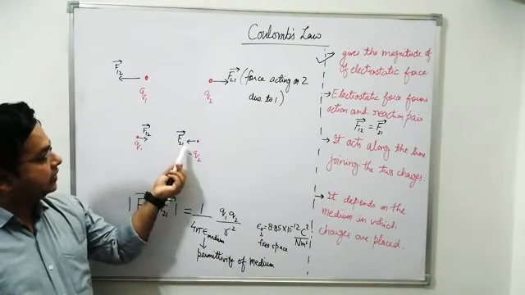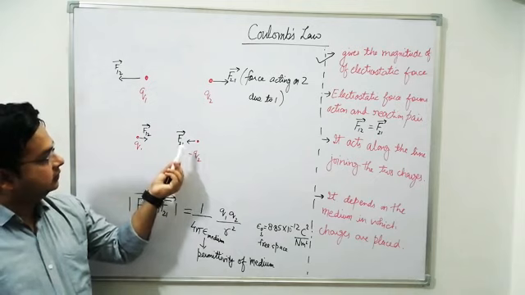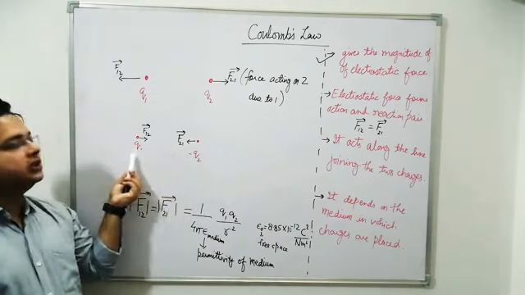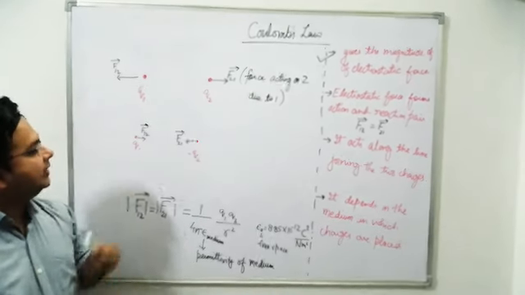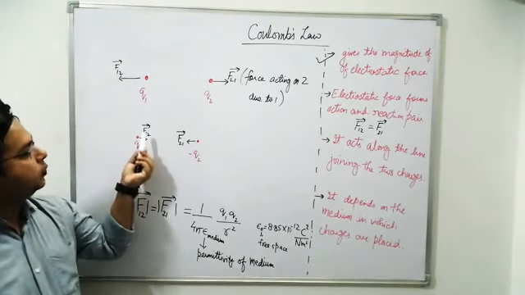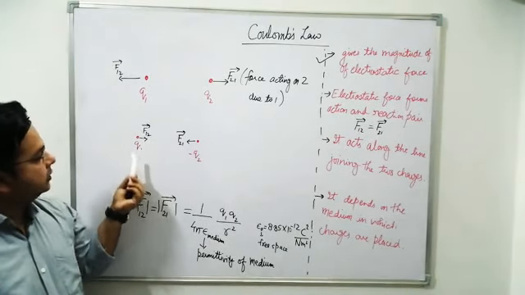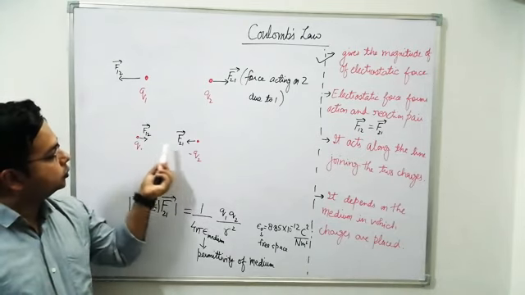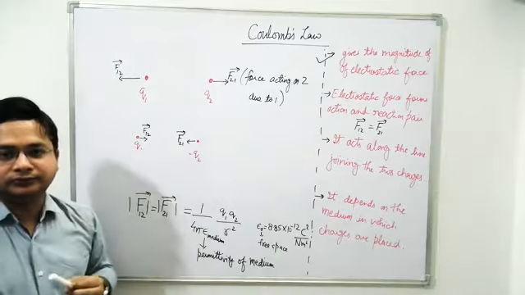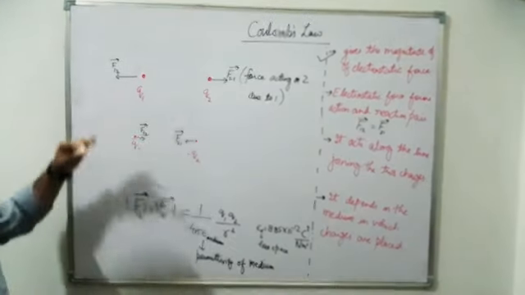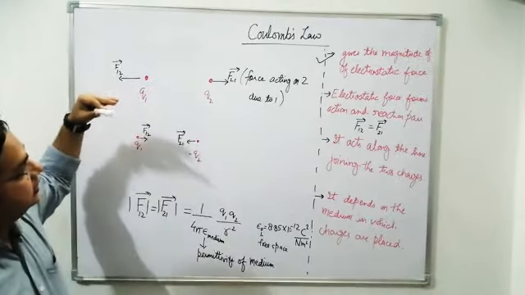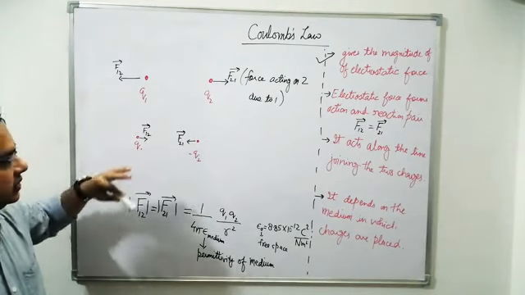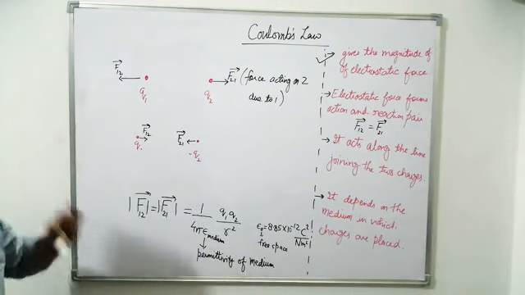The direction of F21, the force acting on 2 due to 1, is towards Q1, and the direction of F12, the force acting on the first charge due to the second charge, is towards Q2. So like charges repel each other, unlike charges attract each other. This you already know.